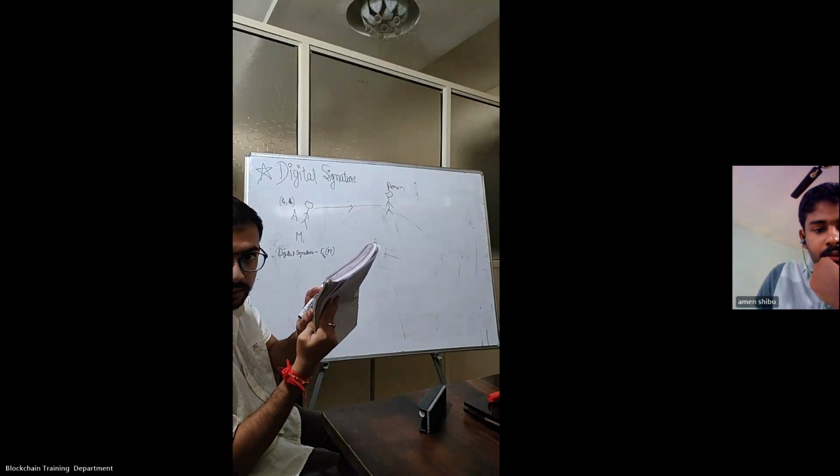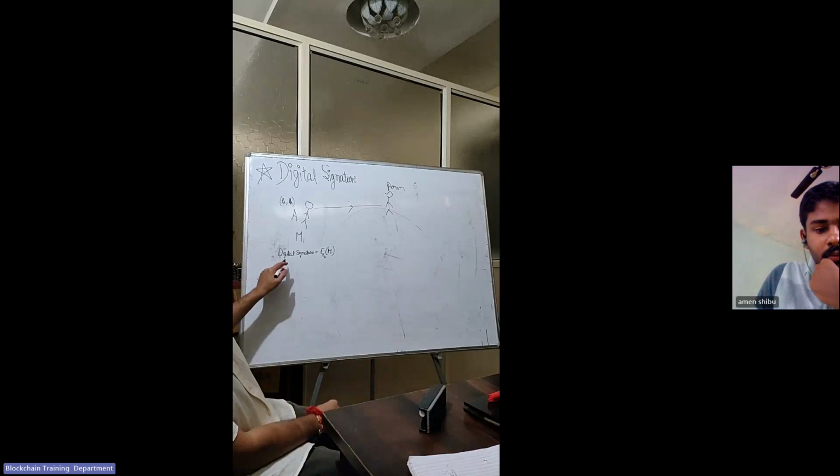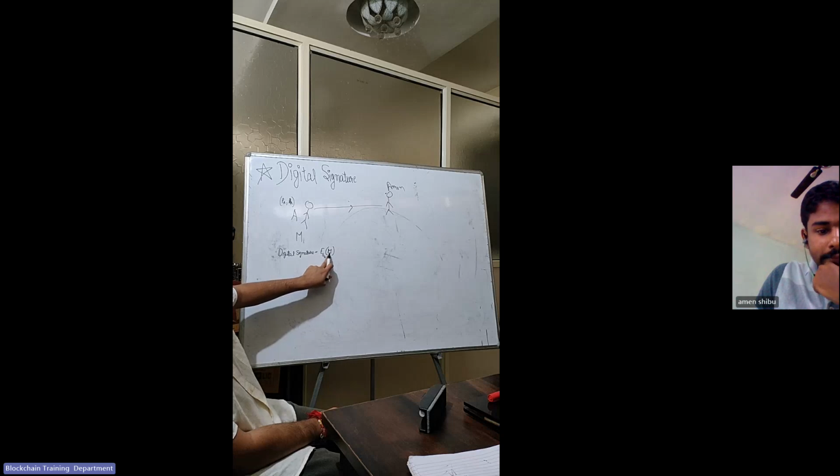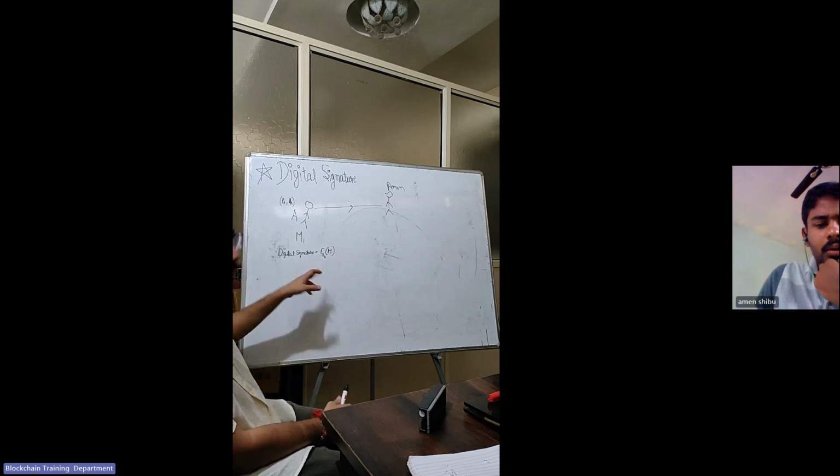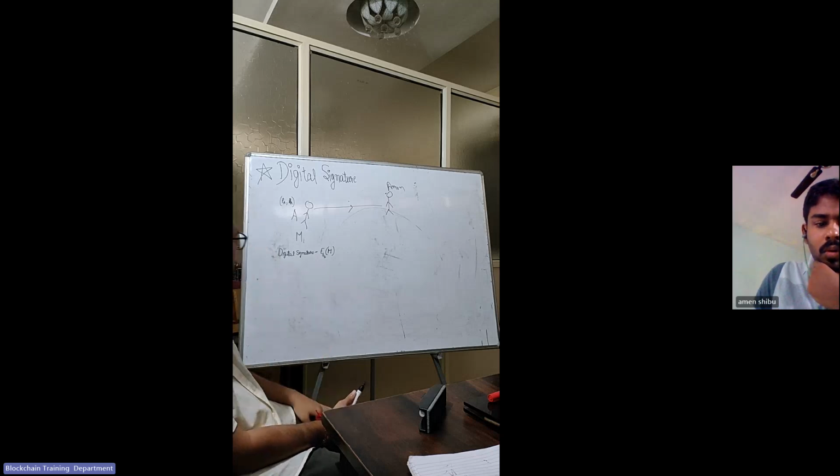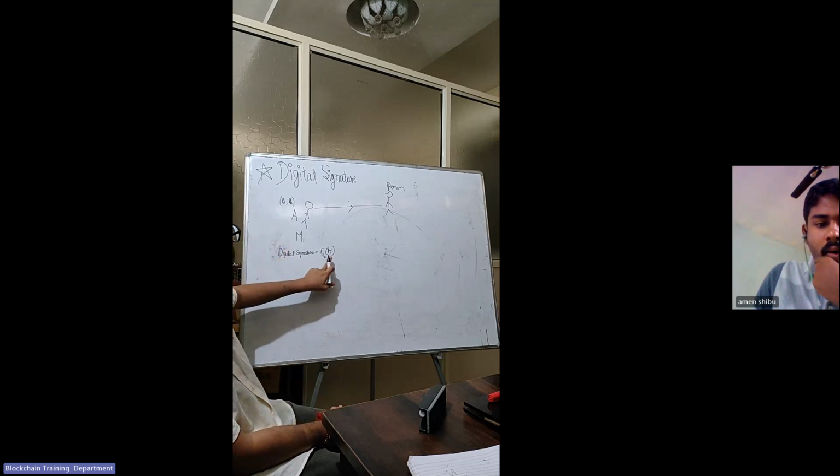So I'm using my private key to digitally sign the message. A has digitally signed the message using its own private key.